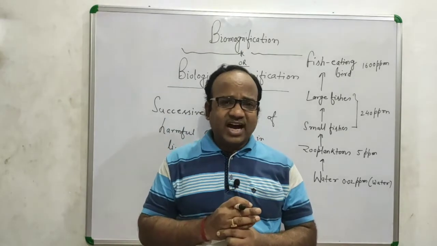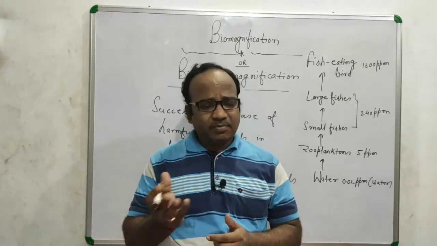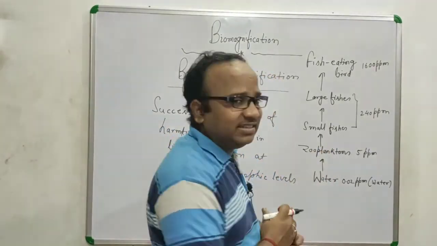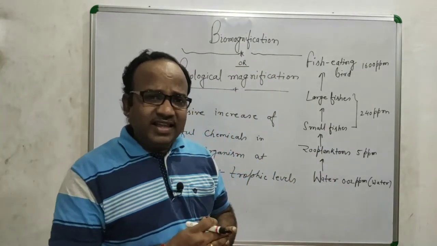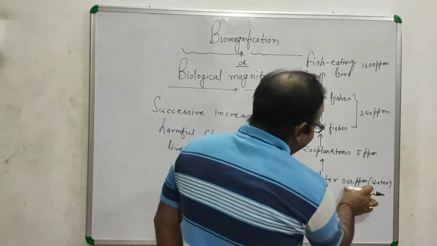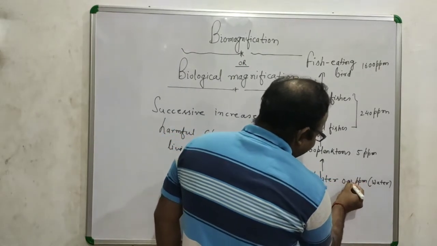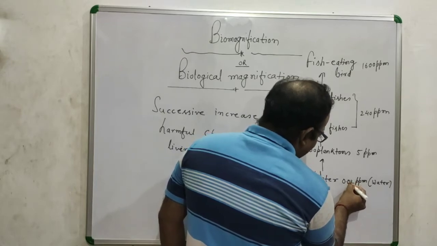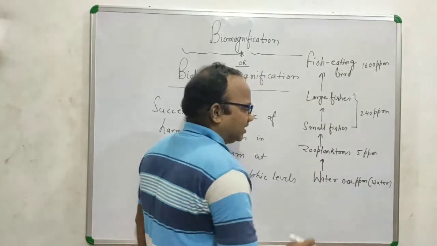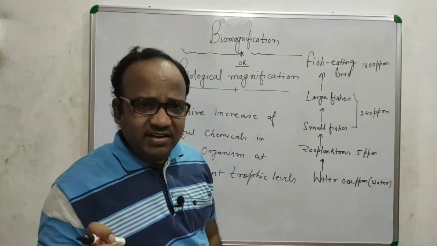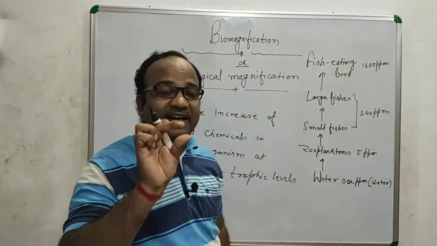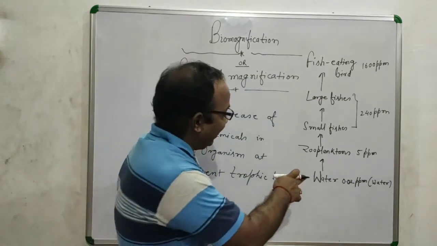When harmful chemicals like pesticides reach the water bodies, they are present at some concentration, here 0.02 parts per million. ppm stands for parts per million. Student, this is only the concentration of the harmful chemical in water.